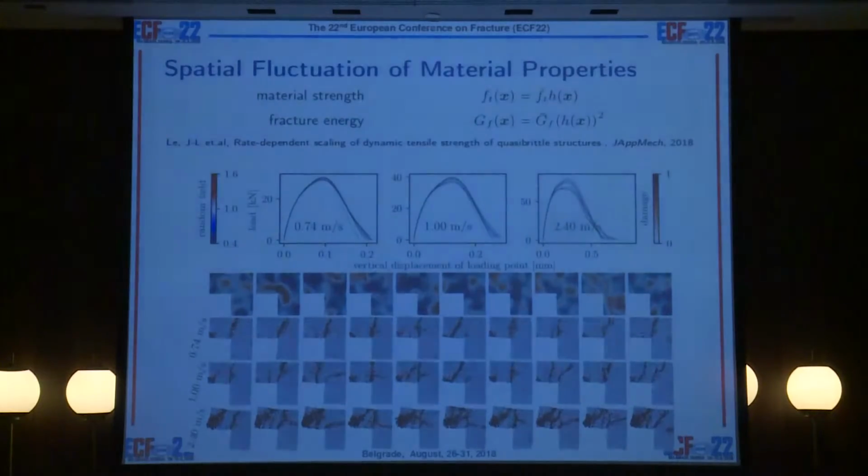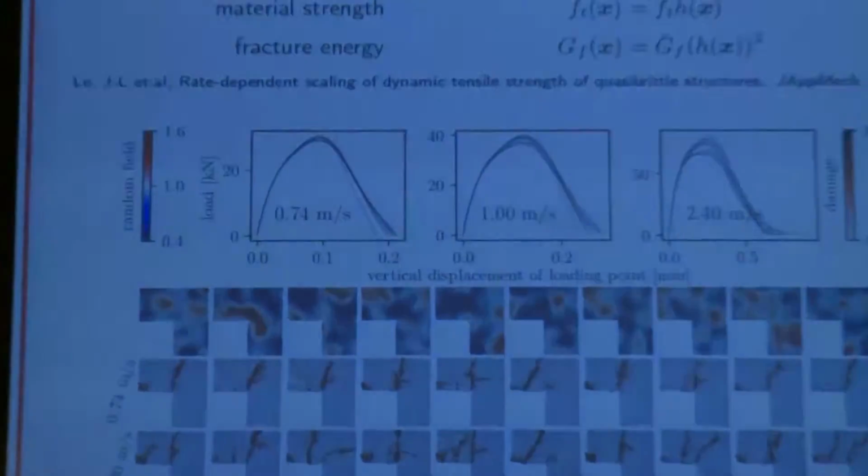Okay, so far I've been showing you the results of the simulations using deterministic material properties. Now we apply the random field on the material properties, on the material strength, and also on the fracture energy. Here you can see that the blue color denotes the weaker material and the red color denotes the stronger material.